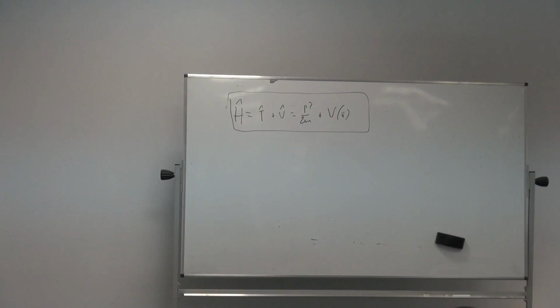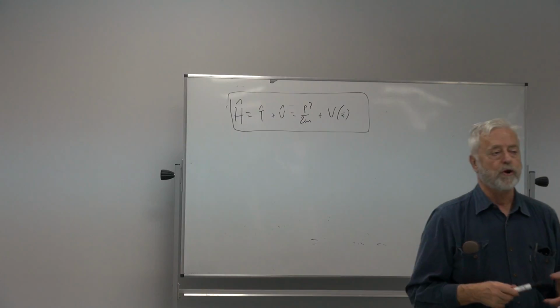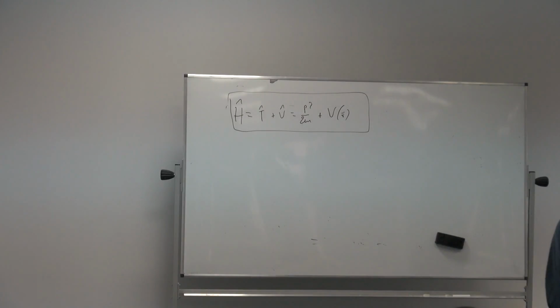However, of particular beauty are those quantum mechanical eigenvalue problems that can be solved completely algebraically, that can be solved only using the algebra of commutators. It's particularly nice because you can avoid differential equations whatsoever. And today, my main part of the lecture will be devoted to two such examples.